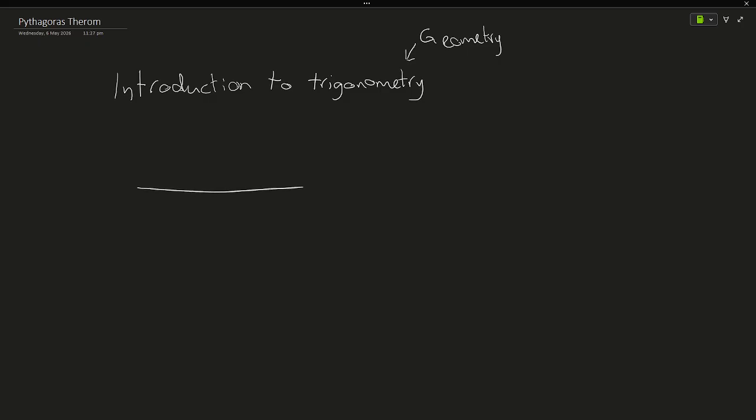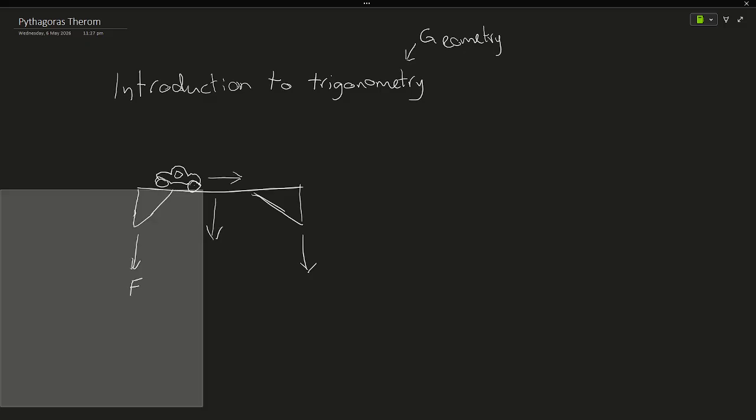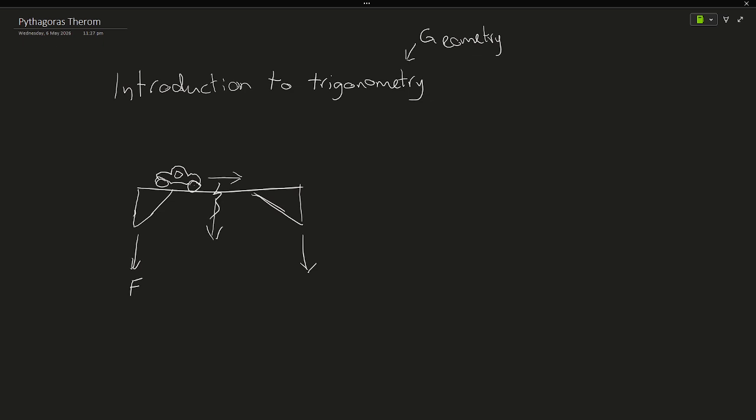Because let's say you want to build a bridge, and you have to find out what the supports are and the forces acting on each support, so that you have a stable bridge, so that cars can go over the bridge without it collapsing in the middle or without it breaking.